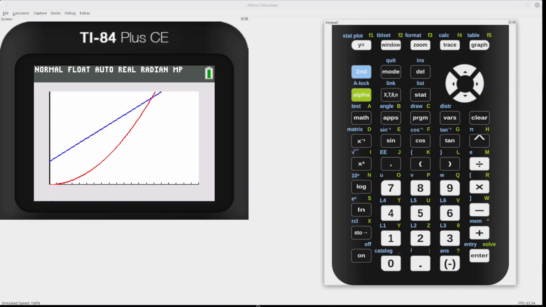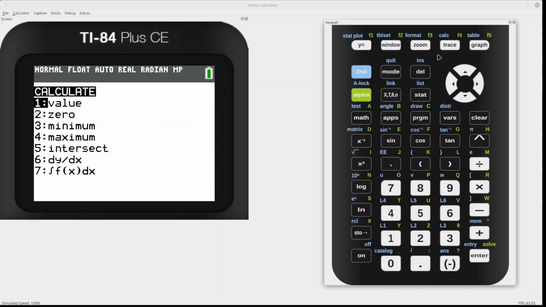Another thing we could use is how fast was car B traveling when it intersected or caught up with car A. Okay, so we want to know how fast the car on the red line is going when it catches up with the first car. Okay, so I'm going to go second, calc, and I want to do an instantaneous velocity.